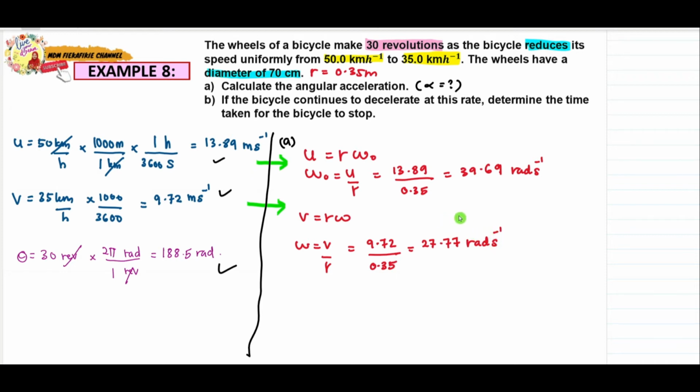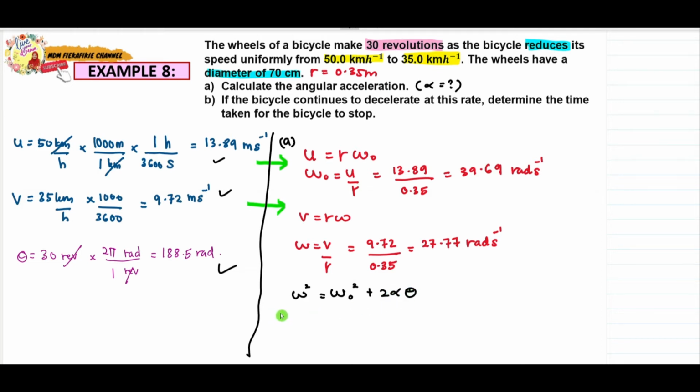The question asks us to find the angular acceleration. So now we can substitute into the rotational kinematics equation. Which formula do we use? We have omega, omega naught and theta, and we want alpha. So I will use omega squared equal to omega naught squared plus 2 alpha theta.